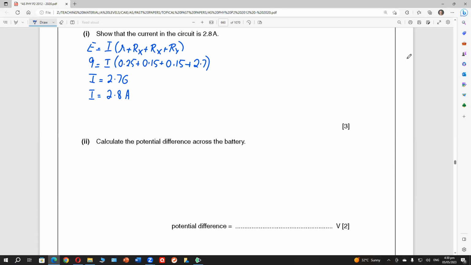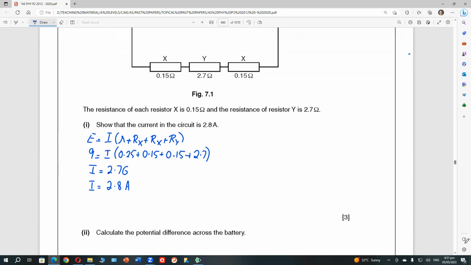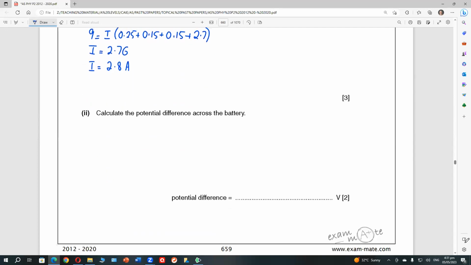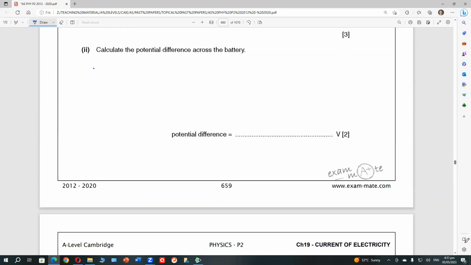We have the current, but we have to recalculate the resistance. We can't take the internal resistance. How much would be the external resistance? 3 ohm. That's fine.